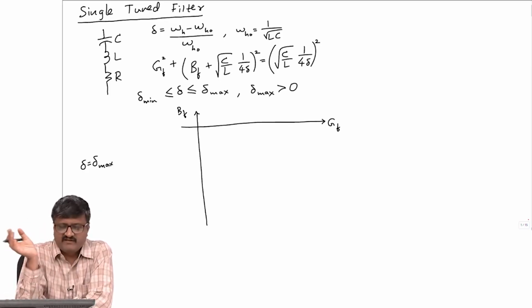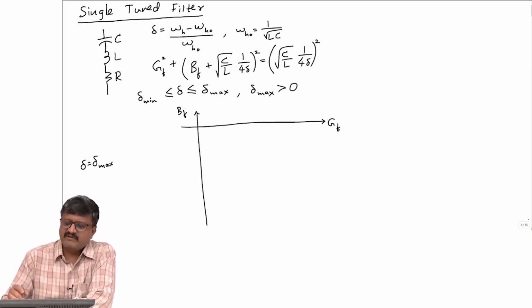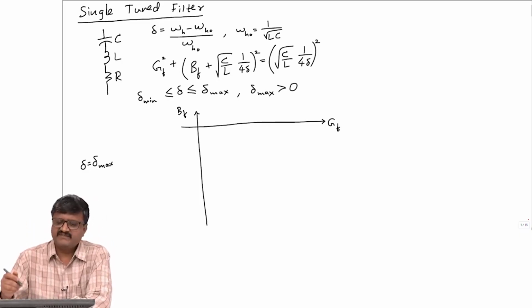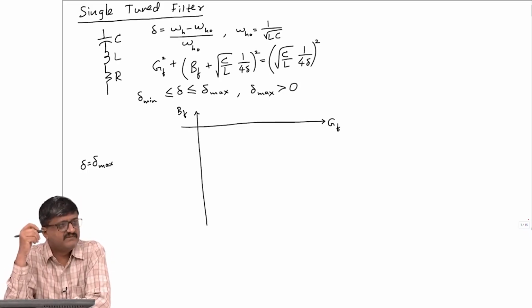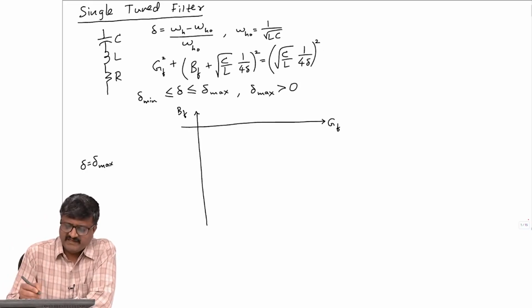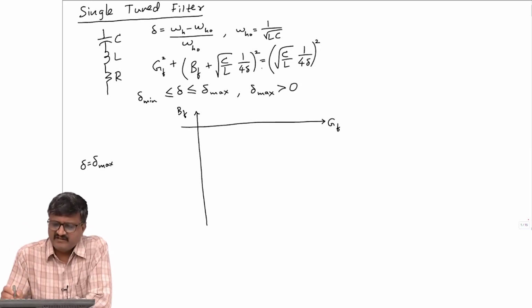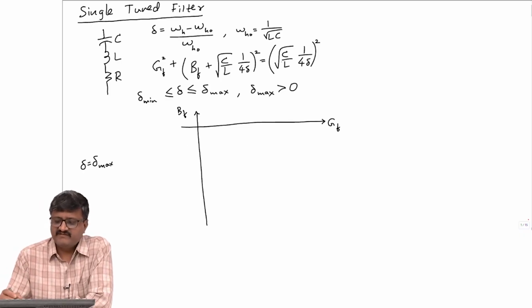So, I will take the one on the higher side, delta max. If delta is equal to delta max, which is greater than 0, then this is an equation of a circle. The center of the circle is minus root C by L 1 by 4 delta. So, it lies on the BF axis and the radius is root C by L 1 by 4 delta.